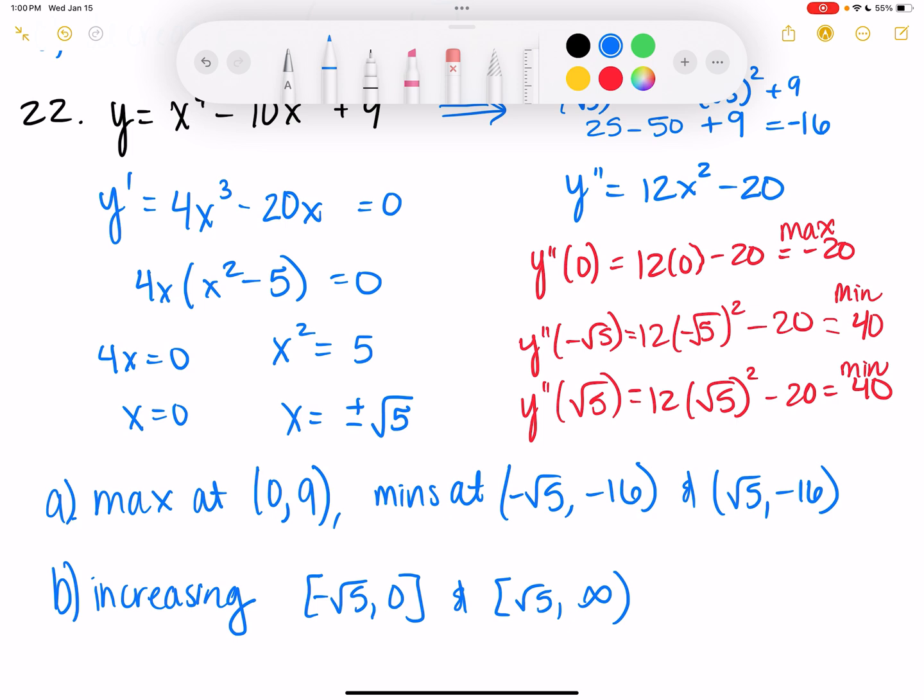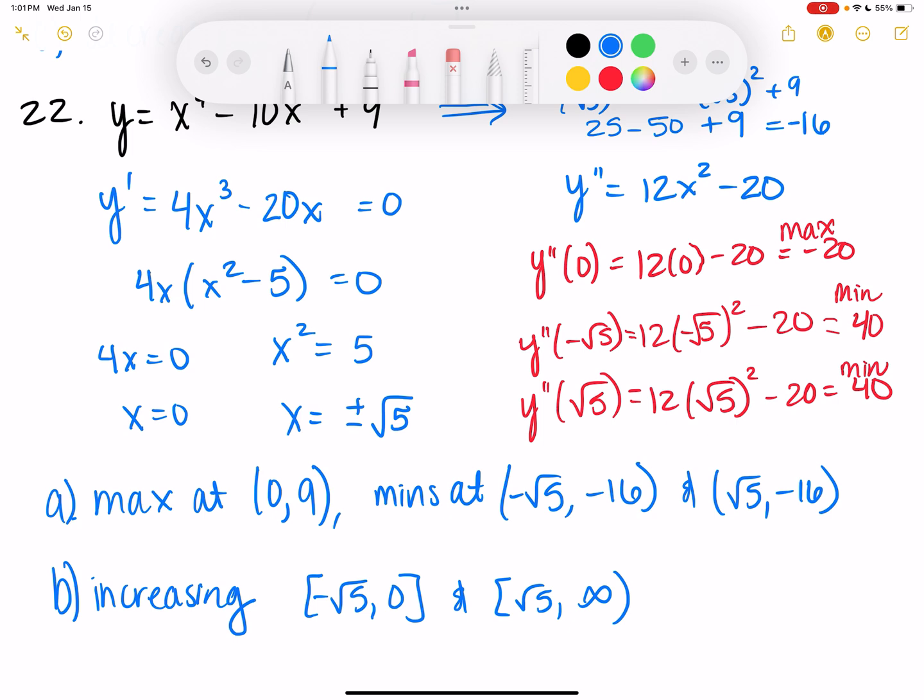No. I do. So at a min, that means it had started high and it went low, so that would have to be decreasing. And then at a max, it had to start low and go high, so it would be increasing. Technically, it would be this point, then this point, then this point in order.